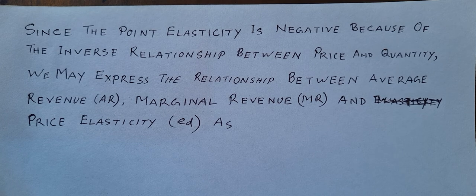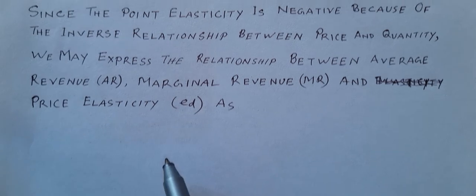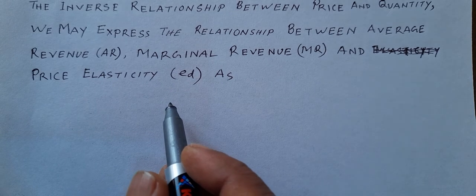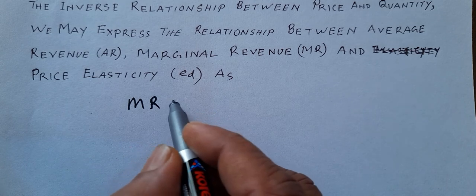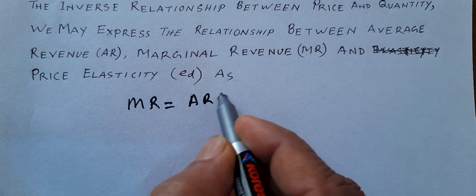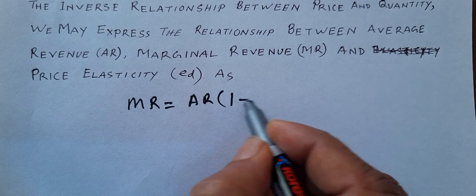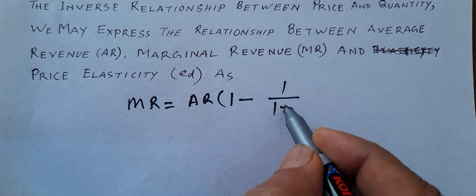Since the point elasticity is negative because of the inverse relationship between price and quantity, we may express the relationship between average revenue, marginal revenue and price elasticity ED, or we may express equation 1 as MR is equal to AR times 1 minus 1 by modulus of ED.